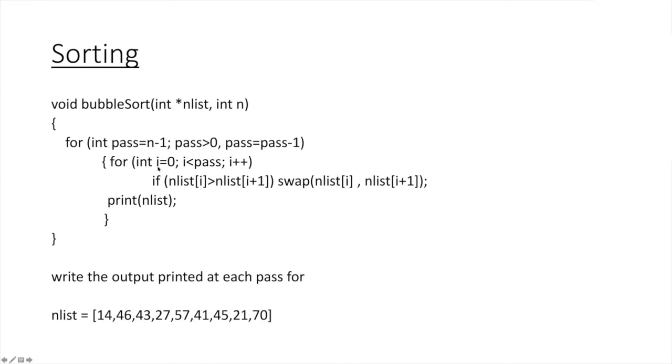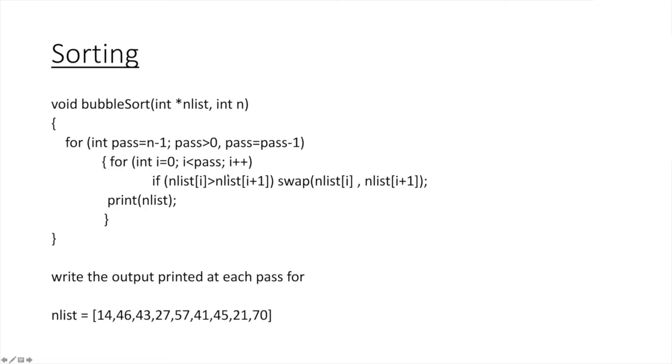In this inner loop, for each value of i starting with 0, we are comparing the items stored at position i and i plus 1. If the item at location i is greater than the item stored in the next location, then we are swapping the content of location i and i plus 1. So we are calling the swap function with the items at location i and i plus 1, and in return these items are swapped.